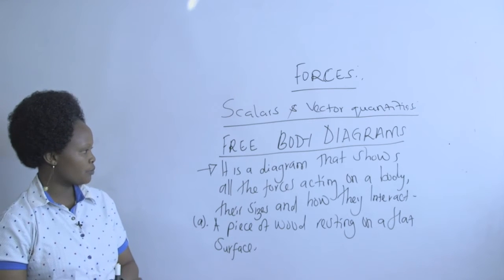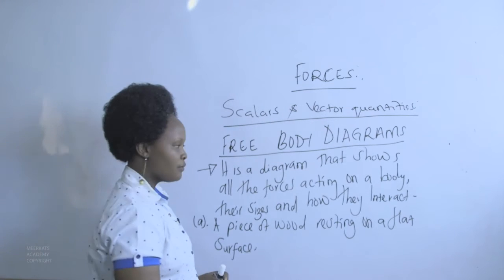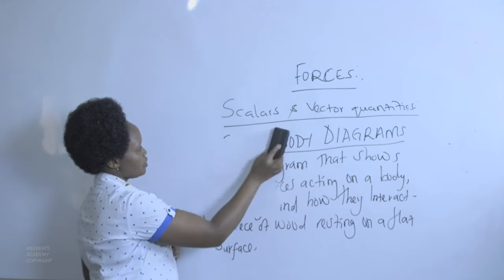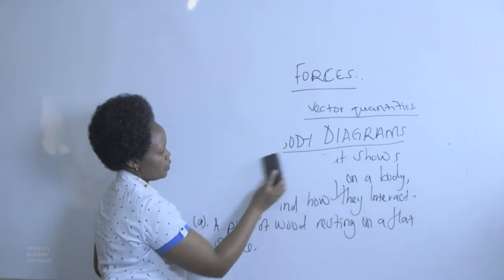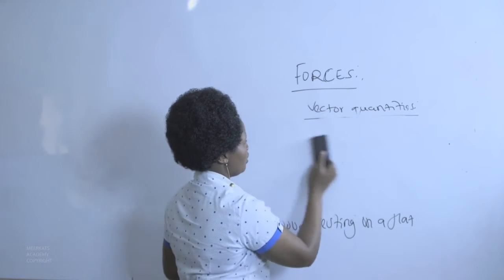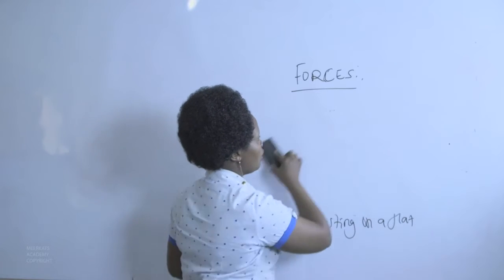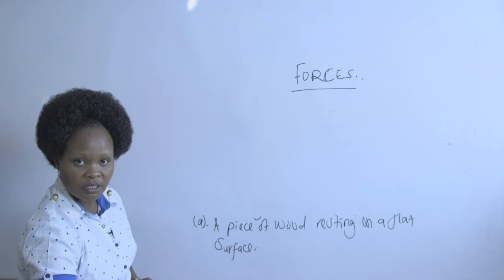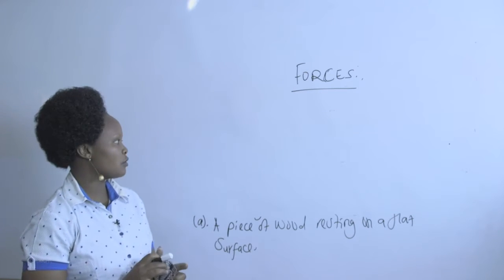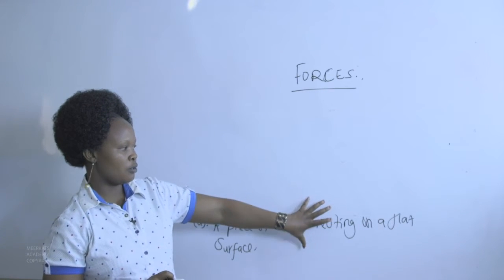Now, there are forces that will be acting on this piece of wood. Now, whether the balance of the piece of wood is going to be disturbed depends on the interaction of the forces that act on it.